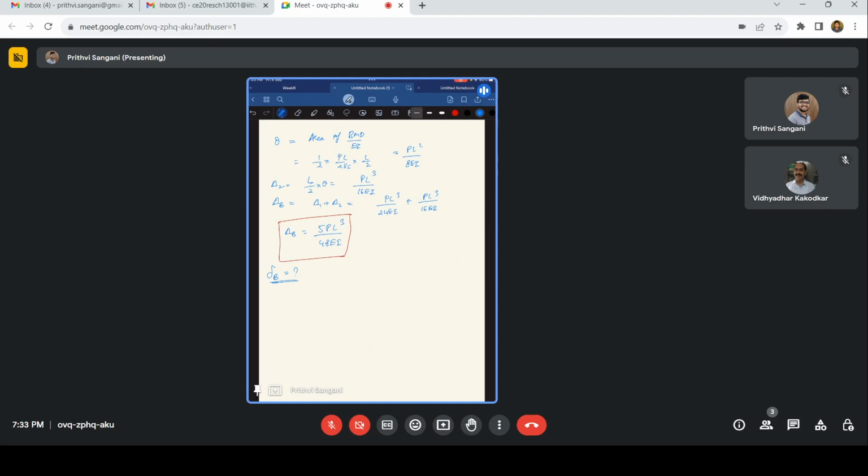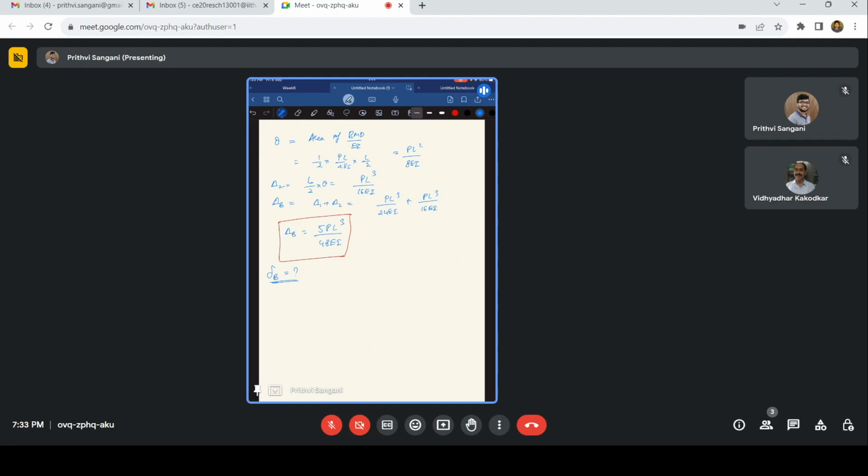So we have a roller support, something like this, and this is W. The beam is of length L and EI.